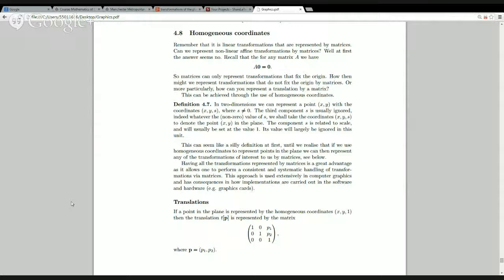We'll consider the point x, y, s to just be the point x, y in the plane. But the fact that it's sitting there means that we can represent translations using matrices, okay?